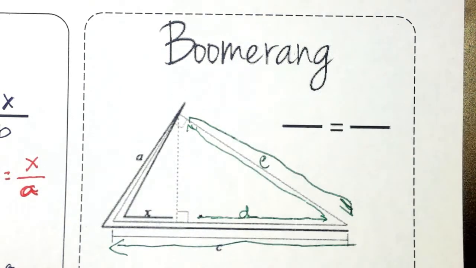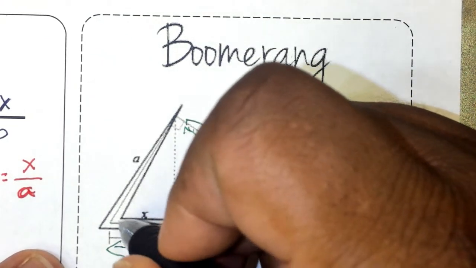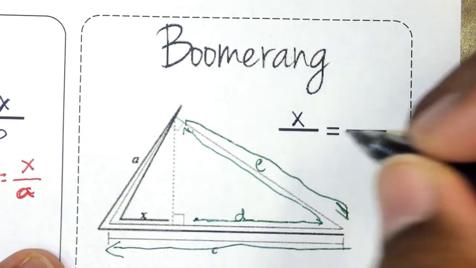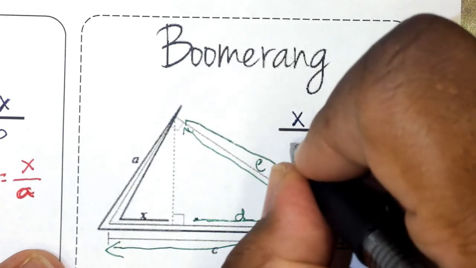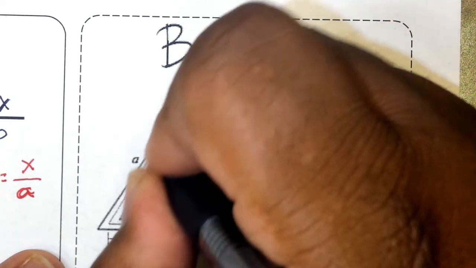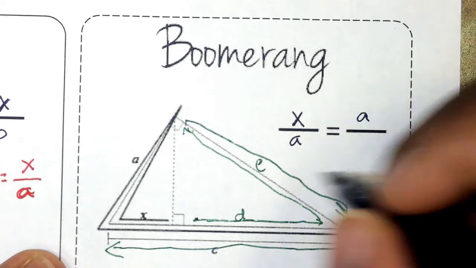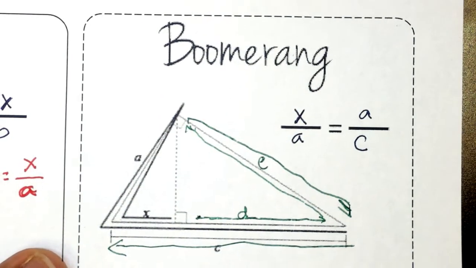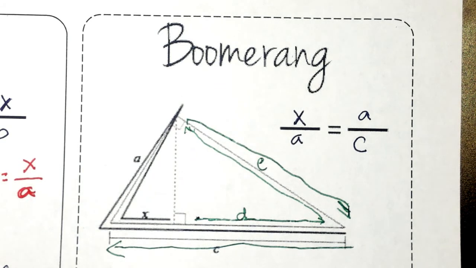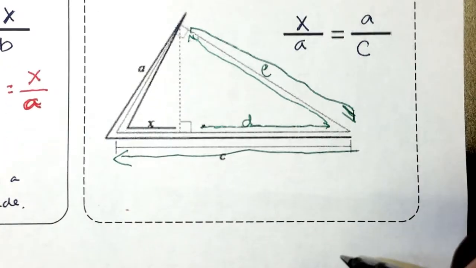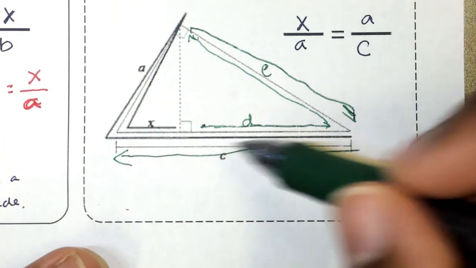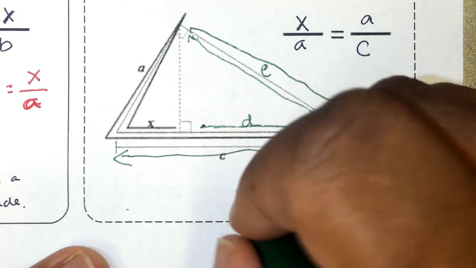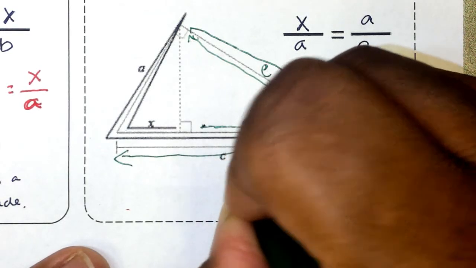We're going to do the black one right now, though. Going across, you go across X first, then you go up A, then you come back down that side A, and then you go across the full bottom C. Like I said, my one in green, you may not have that one, but if I was coming from the other way, I would go across D first with my green one.